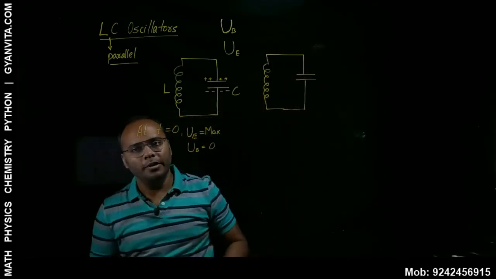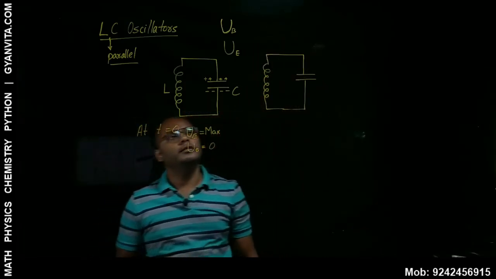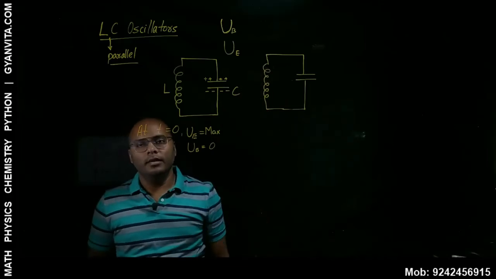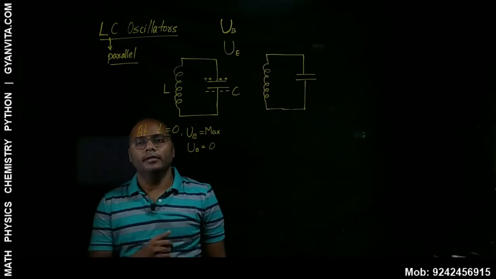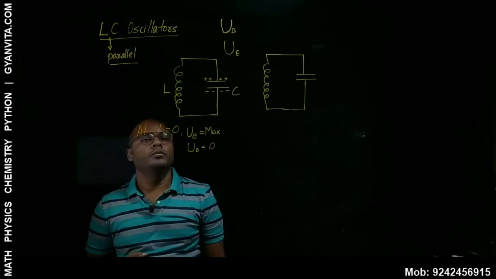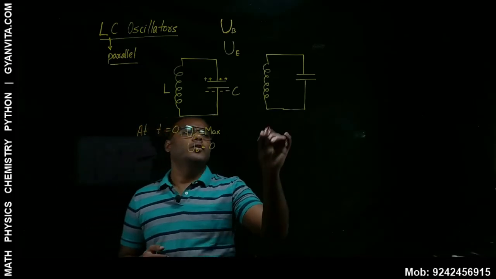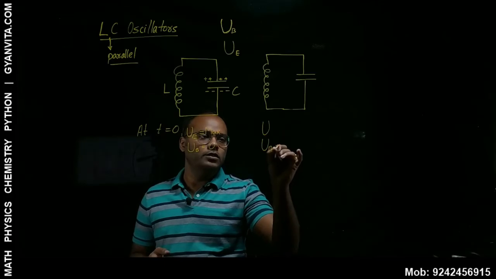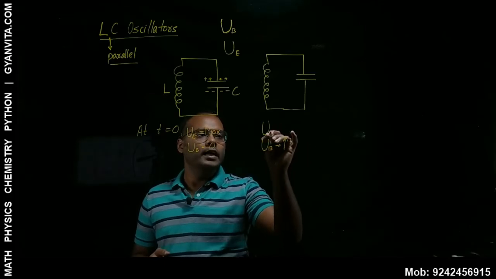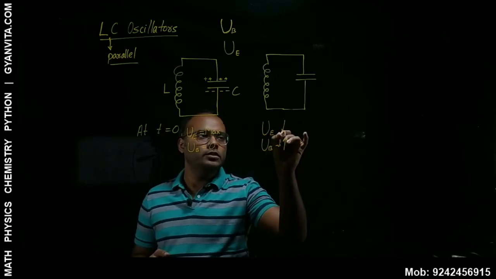So there will be a change in current in this inductor, and due to that, a magnetic field will be developed here, right? So that magnetic energy will now start increasing, and the electrostatic energy will now start decreasing.